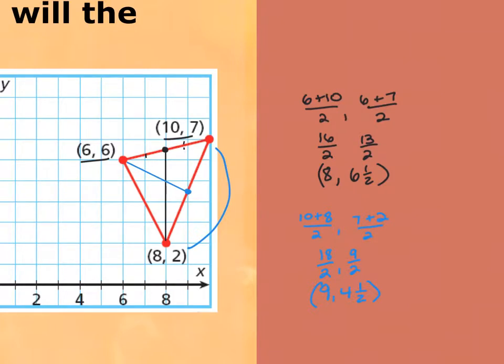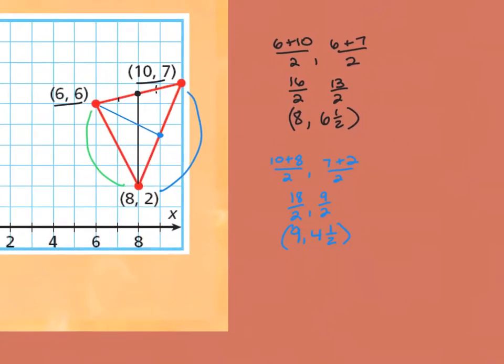And then the last side that I'm going to find the midpoint of is here. So I'm going to do 6 plus 8 over 2, 6 plus 2 over 2. 14 over 2, which is 7. 8 over 2, which is 4. So now I'm going to go up 7, up 1, 2, 3, 4. There's my midpoint.